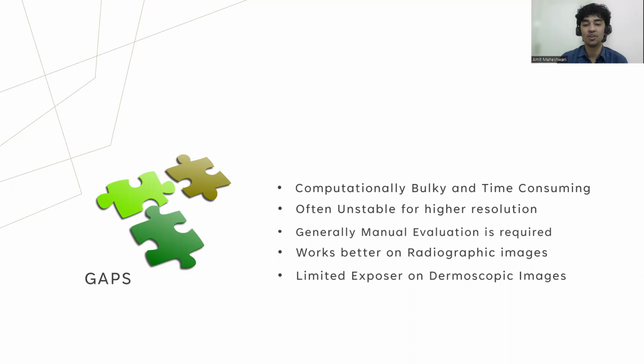And another majorly seen gap is that they are often unstable, and as the resolution of the images goes high, issues like mode collapse and exploding gradients are often present in GANs. Generally talking about normal GANs, progressive GANs were actually introduced to handle this limitation specifically.